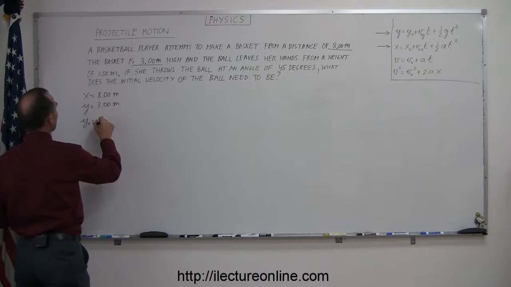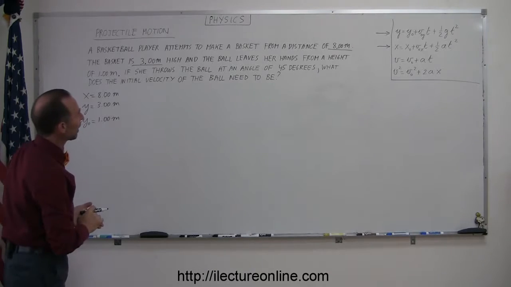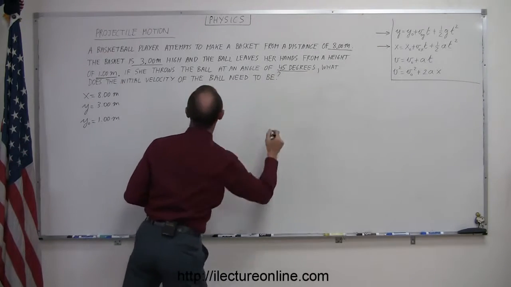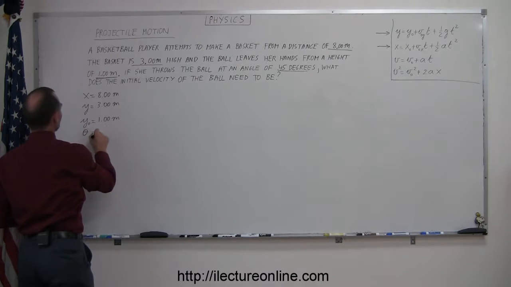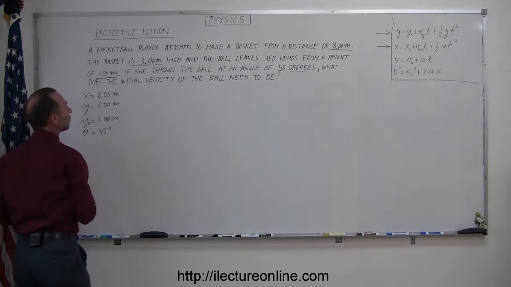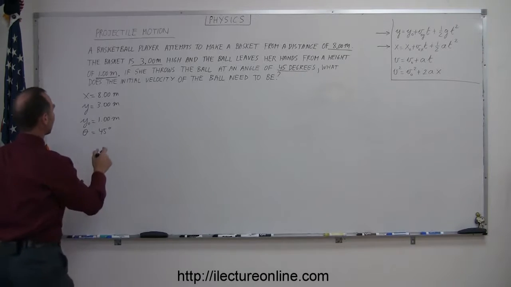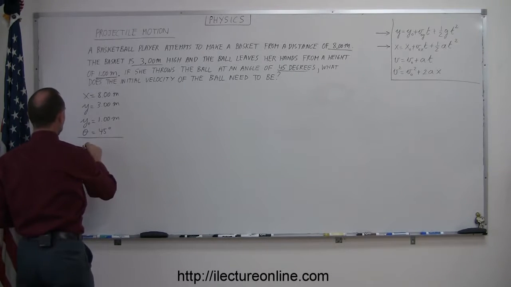The starting height would be 1.00 meters, and she throws the ball at an angle of 45 degrees, so the angle theta is equal to 45 degrees. And finally, they ask what should be the initial velocity to attain that basket, so v initial equals question mark.